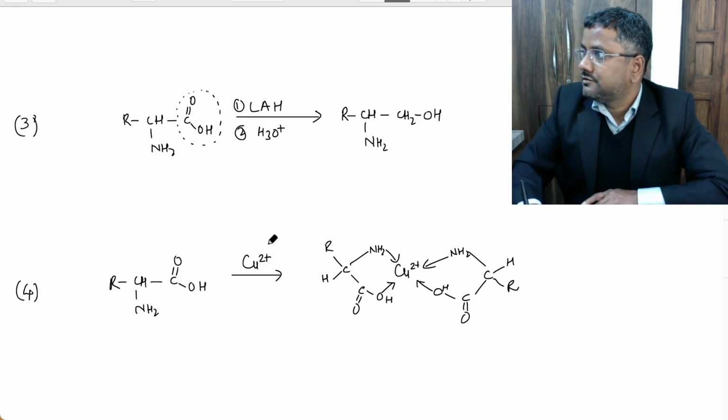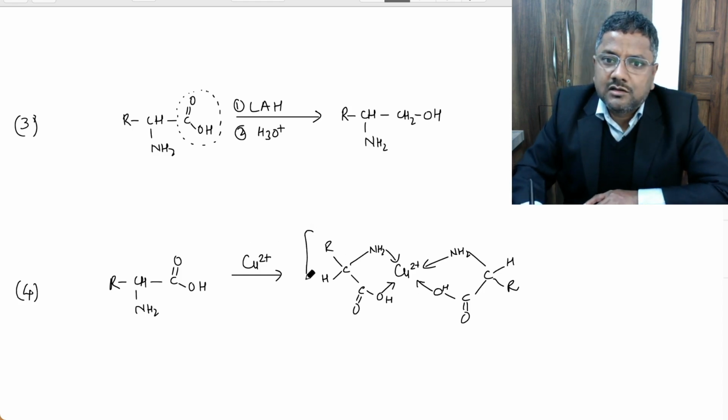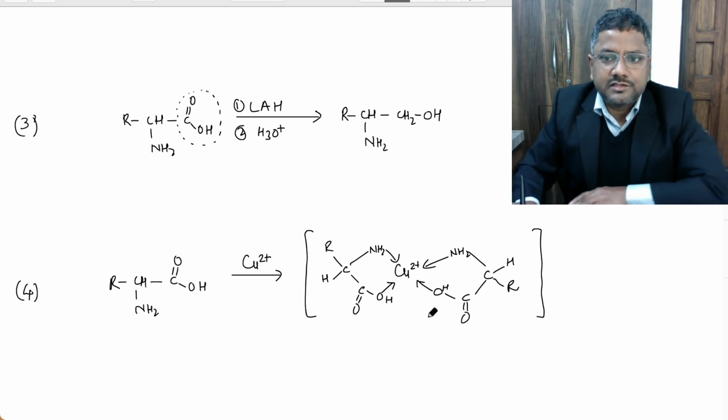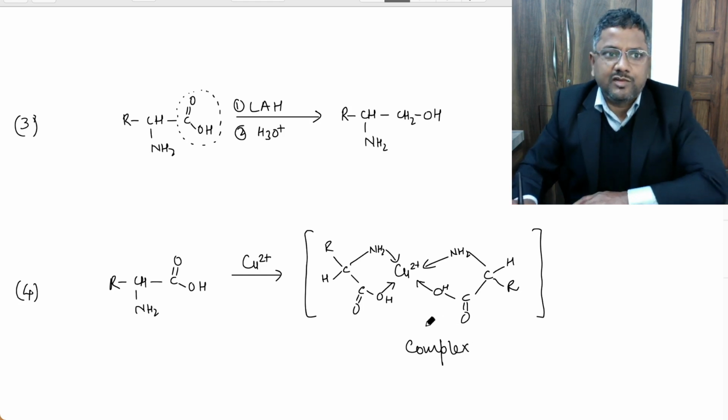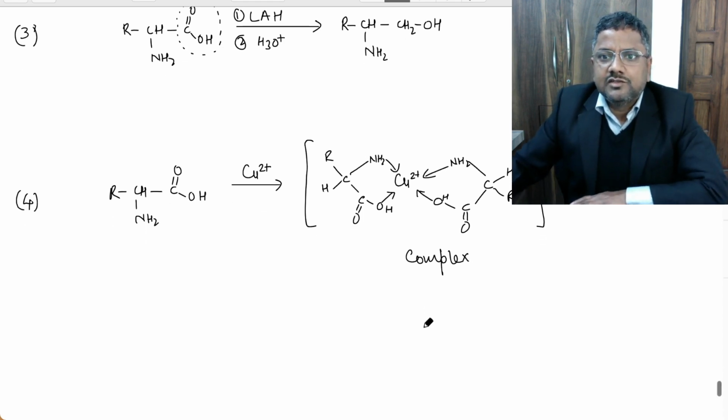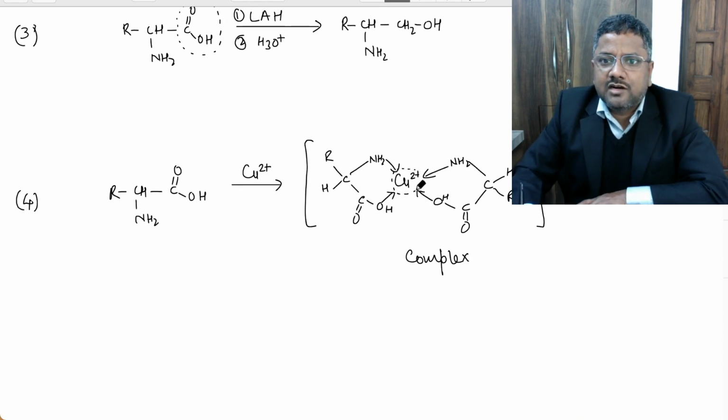So this is the complex, right? Coordination number 4 for this complex, copper 2 plus is the central. This will donate one lone pair, this will donate one lone pair, oxygen will donate one lone pair, and this oxygen will donate one lone pair.